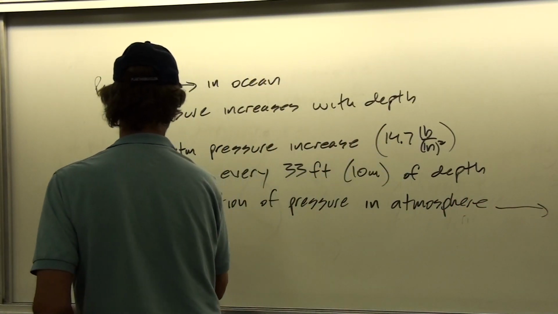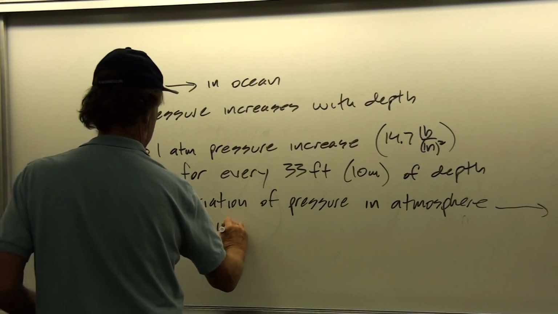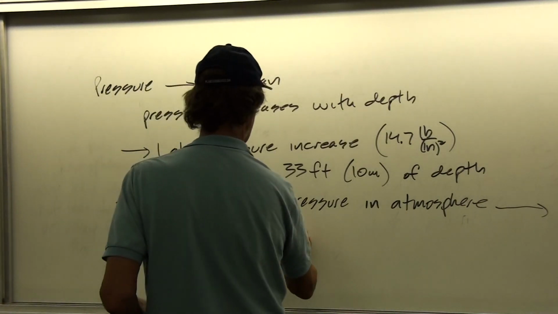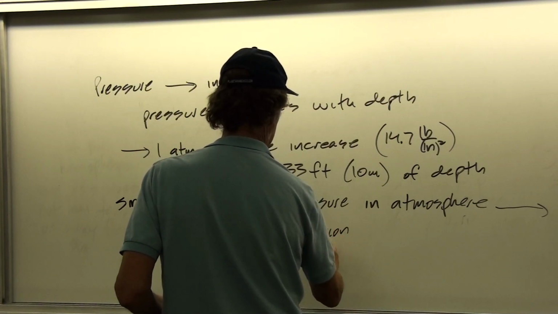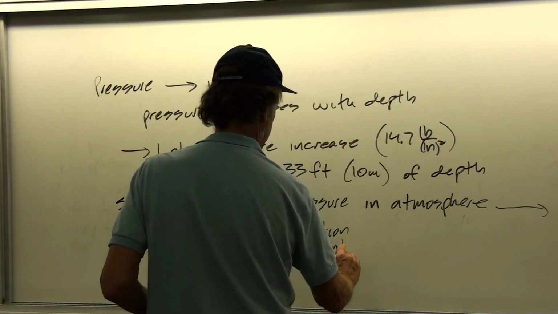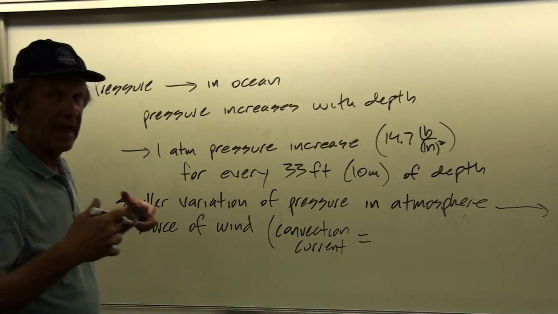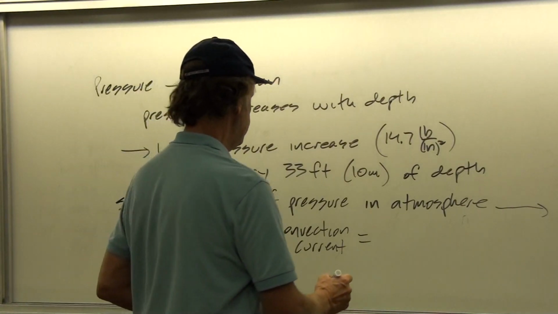This is the source of the wind. We can consider wind to be a convection current that is driven by the mass motion, heat moving from high pressure to low pressure.